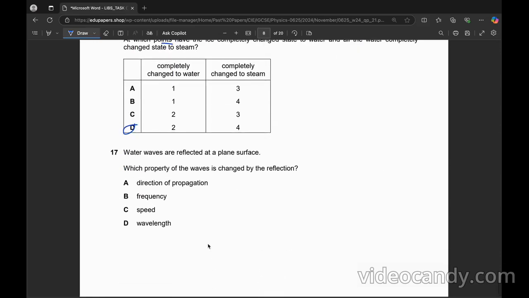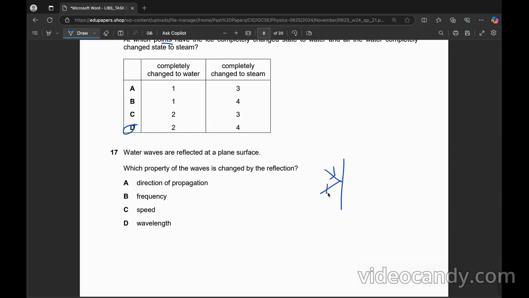17. Water waves are reflected at a plane surface. Which property of the waves is changed by reflection? Just to give you a general idea, if it reflects, say this is a wall, and this arrow represents the direction of propagation of the waves.